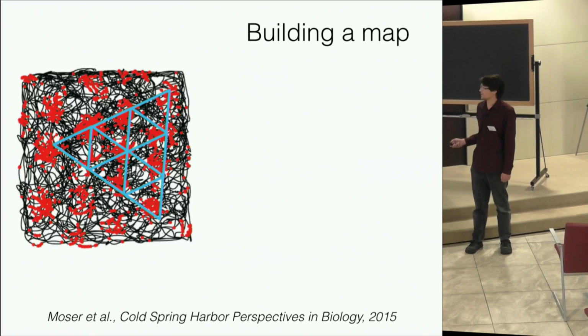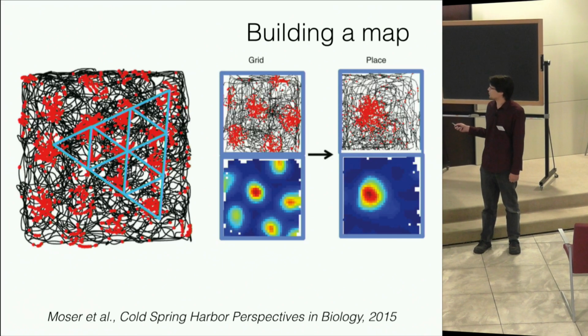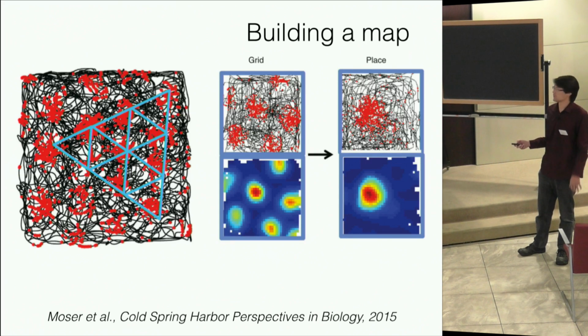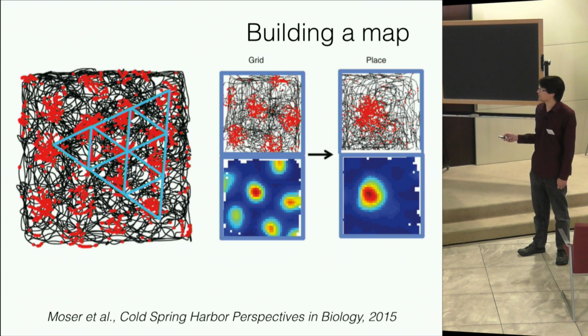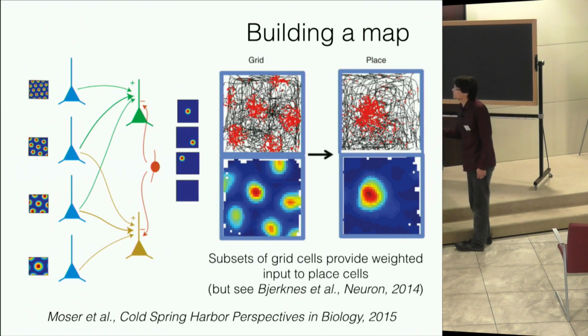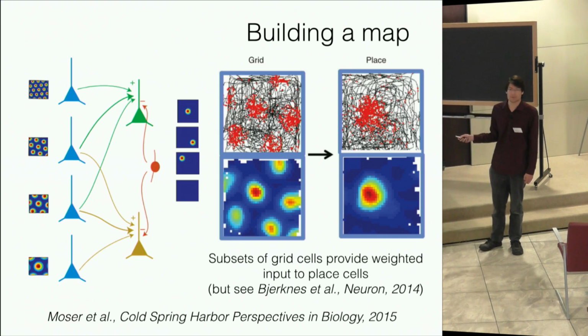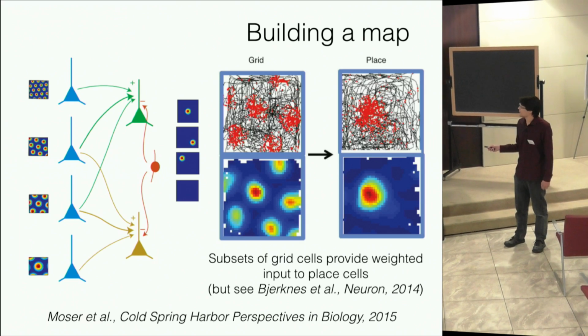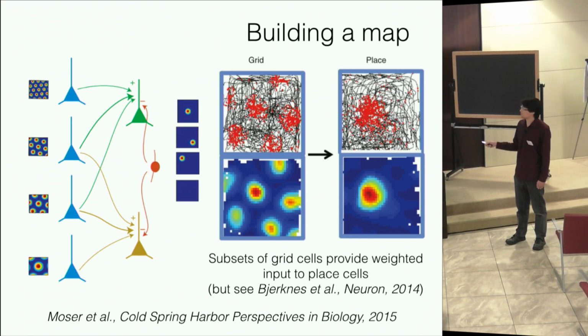So here's a bunch of grid cells. You want to know how to make a place cell, and you've got all of these grid cells sitting around in the background. So why not take the output from some of these grid cells, which we know project into the right region in the hippocampus, and basically take a weighted sum of different subsets of grid cells, and you can make a place cell.